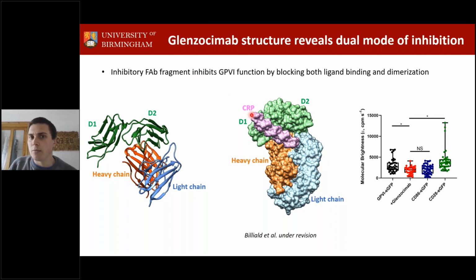So it does block ligand binding indirectly, but because it's binding to D2, and we know D2 is involved in dimer formation, it also blocks dimerization. And we show this using fluorescence correlation spectroscopy, whereby if you take GP6, which is present as a mixture of monomers and dimers, and incubate it with glenzocimab, you get a reduction in molecular weight, which is closer to the monomeric control. So it clearly is preventing dimerization.